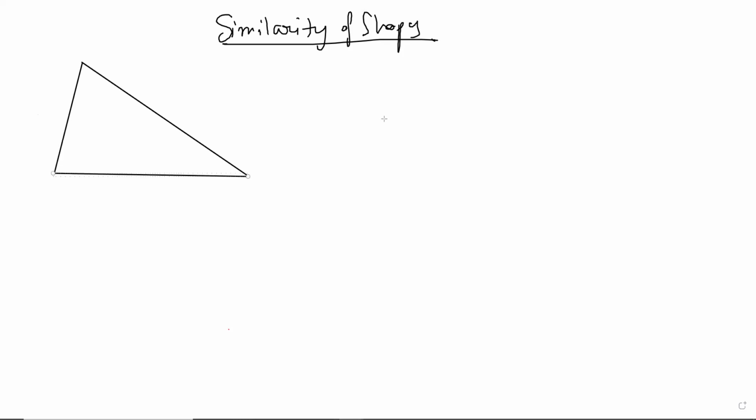One might be bigger, one might be smaller, but they had the same angular properties, meaning that, let's say, this angle right here would be equal to this angle right here. And then this angle here would be equal to this one. And as a consequence, this third angle would be equal to this third angle. Is that okay with everyone? Such triangles were known as similar triangles.